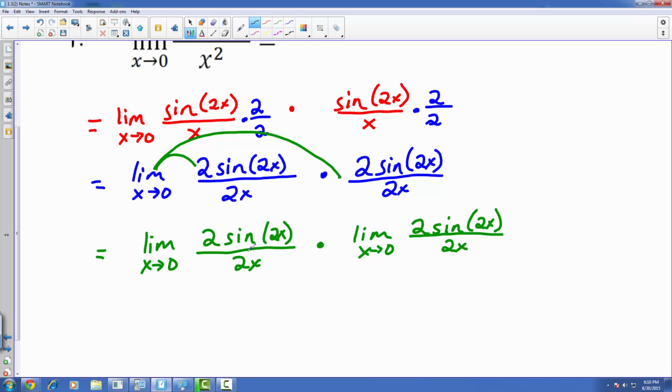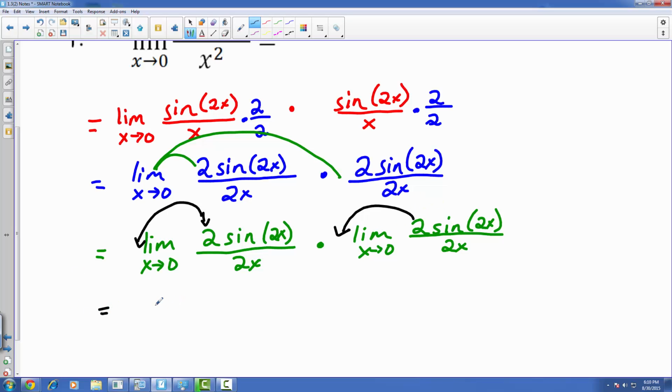Now at this point, these match the sine of 2x over 2x, but we still have this 2 out in front. Well, if you think about it, that 2 just happens to be a constant that we can move in front of our limit. Likewise, this 2 can move in front of our limit, because again, that's just some constant.